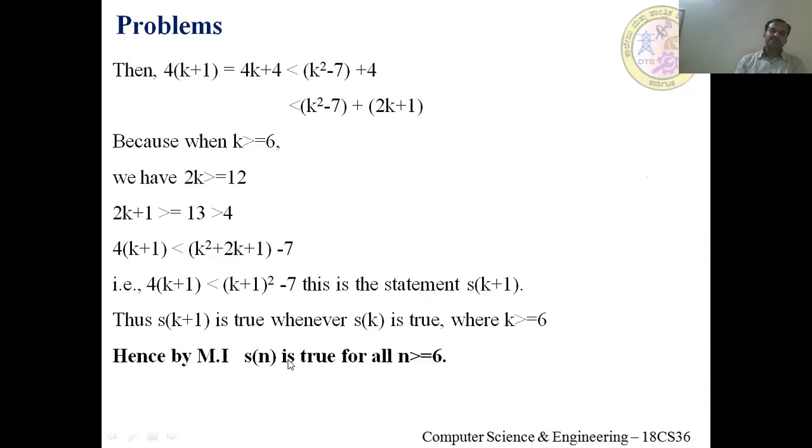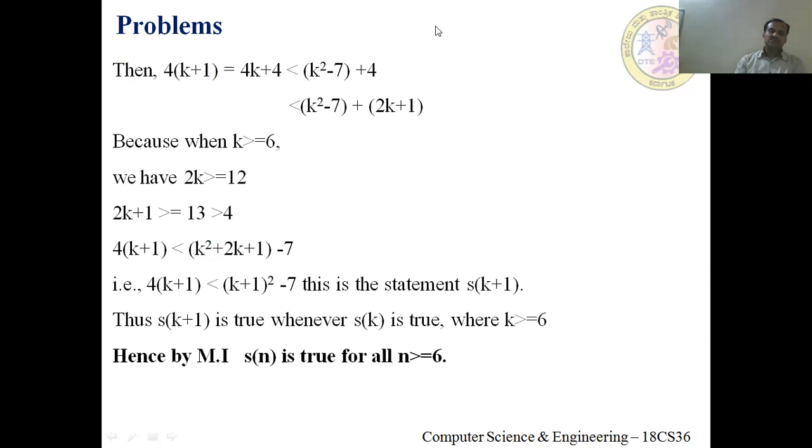By mathematical induction, we can prove that S of n is true for all n greater than or equal to n naught, where n naught is equal to 6 here. This completes session 1 of your module 2.